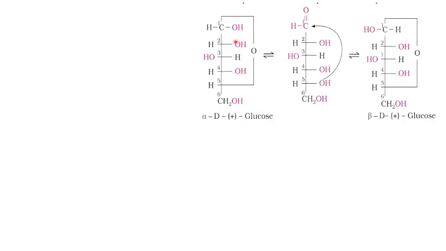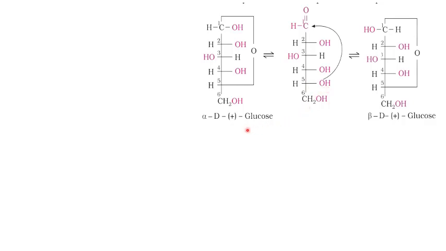These two structures differ at the configuration of C1 carbon. So here in this structure, the hydroxy group is present on the right side of the C1 carbon, whereas here the hydroxy group is present on the left side of the C1 carbon. Therefore, as the hydroxy group is present on the right side, it is called alpha glucose or alpha D glucose, because with respect to glyceraldehyde we have already assigned D configuration to the glucose, because with respect to glyceraldehyde, the hydroxy group is present on the right side.